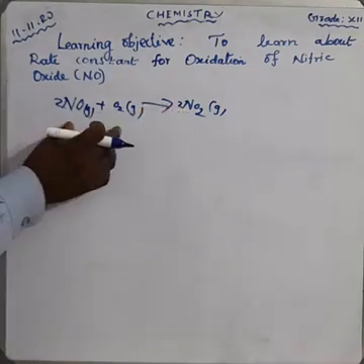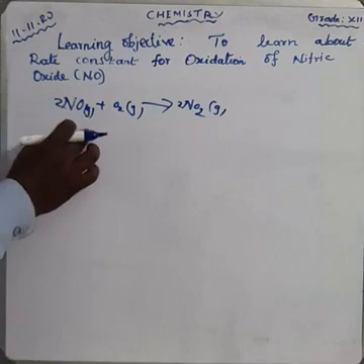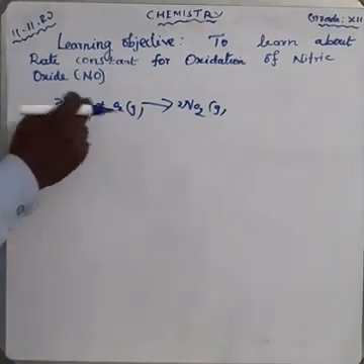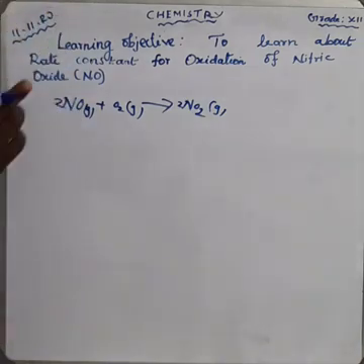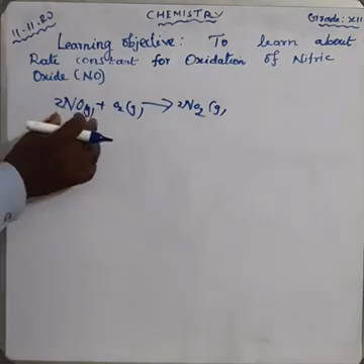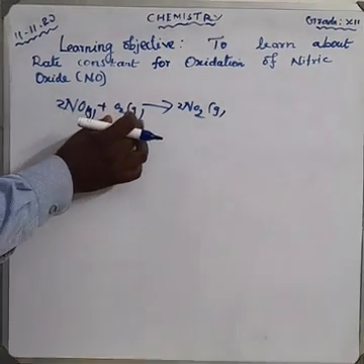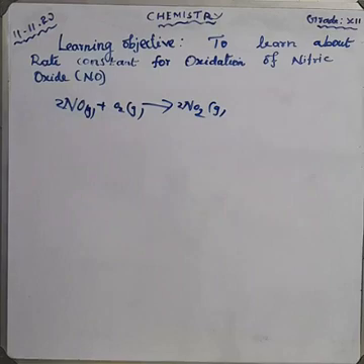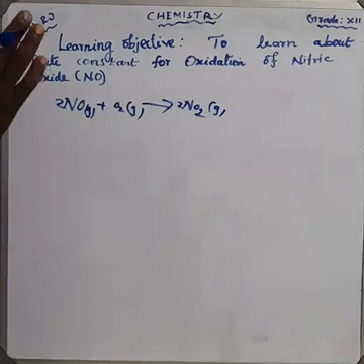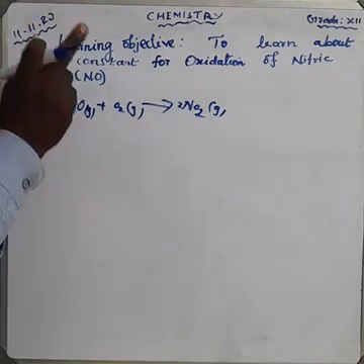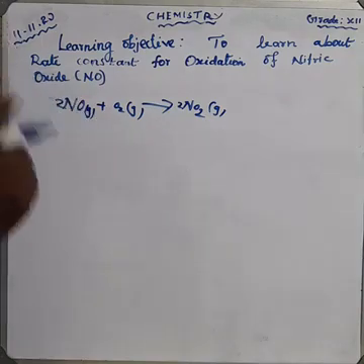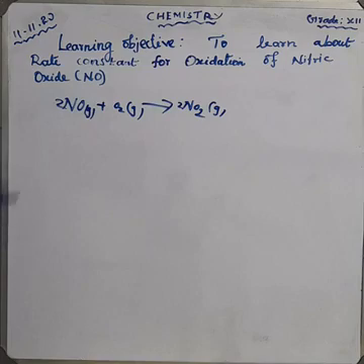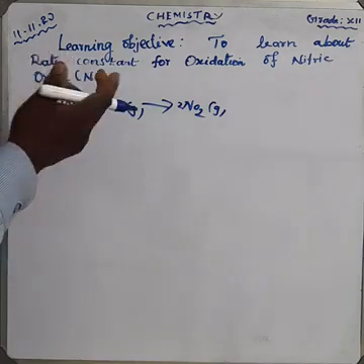Suppose NO is constant, then you change the concentration of O2. Keep one reactant constant and change the concentration of the other.